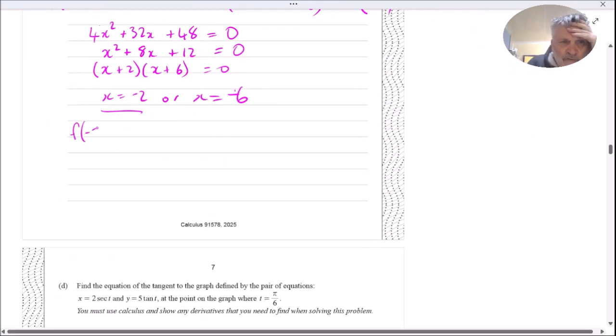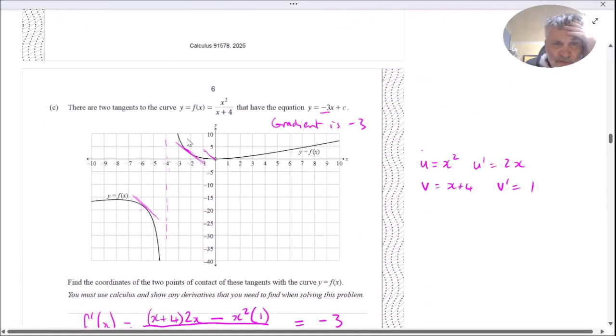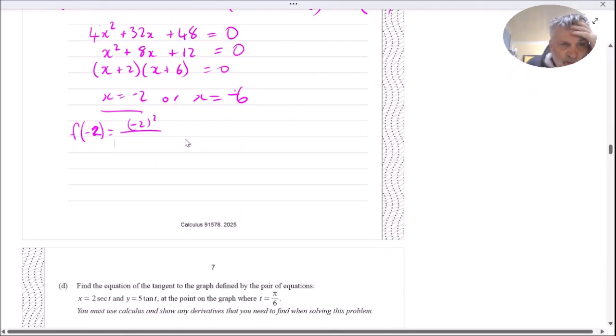F of negative 2 is equal to negative 2 squared over negative 2 plus 4. Is that right? Negative 2 plus 4 is 2. Negative 2 squared is 4 over 2, so that's 2. And f of negative 6 is negative 6 squared over negative 6 plus 4.